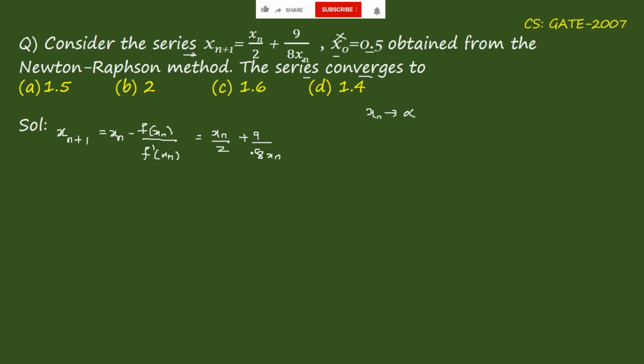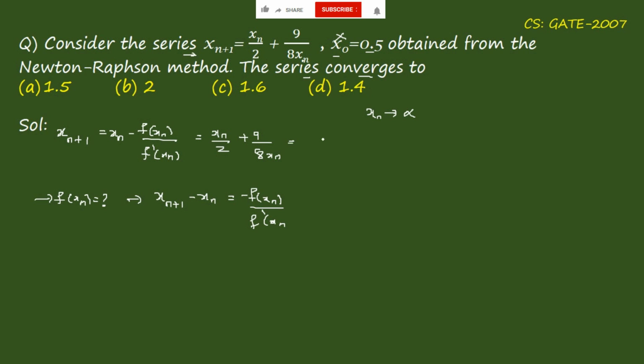Now we'll be substituting the value such that we'll be getting a value of f of x n is equal to how much? For this, what you do is nothing but find the value of x of n plus 1 minus x of n, which is equal to nothing but minus f of x of n by f dash of x of n, right?